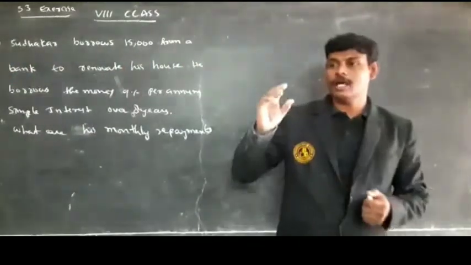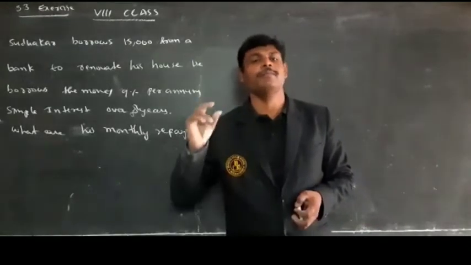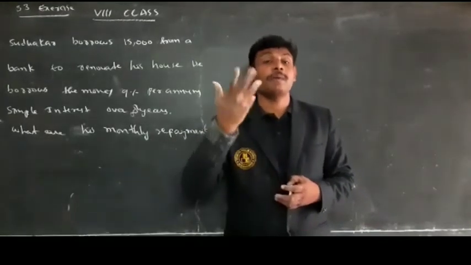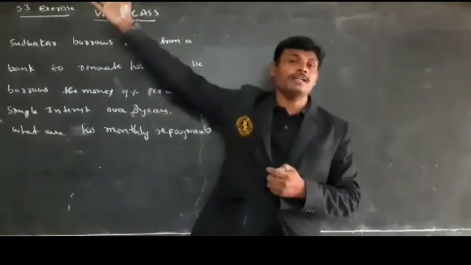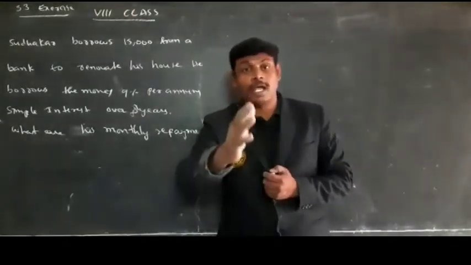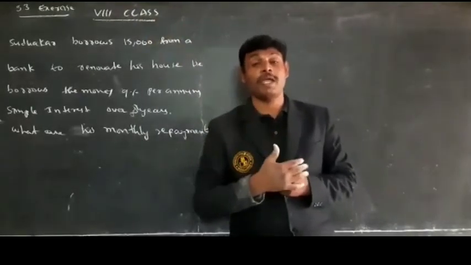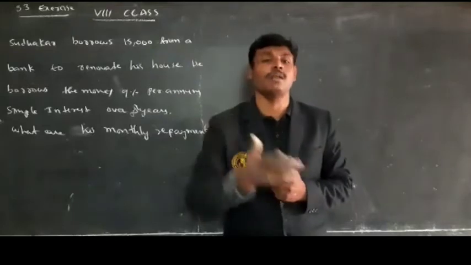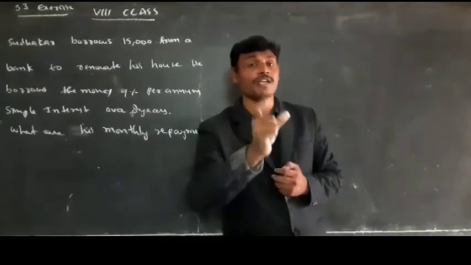Okay, now Sudhakar borrowed 15,000 rupees from a bank and he is paying monthly installments over 8 years. What is the time duration? The time duration is 8 years and he is paying that amount in monthly installments.